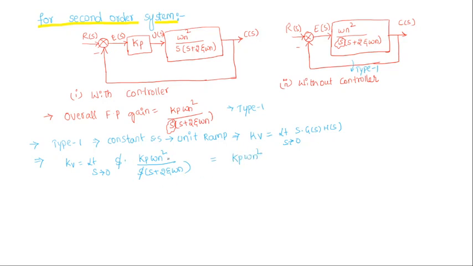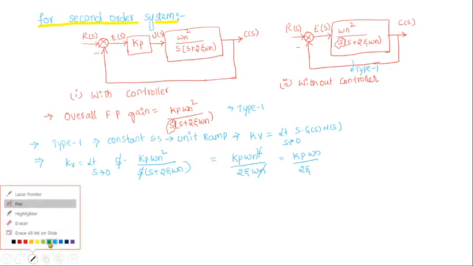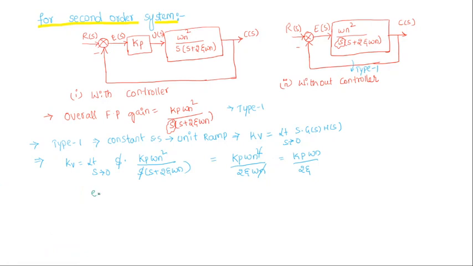Substitute limit s tends to 0 in this equation. Then the denominator value becomes 2 zeta omega n. The omega n square term and omega n term get cancelled out, so we are left with Kp omega n by 2 zeta. What is the steady state error equation? The steady state error ESS equal to 1 by Kv when the input is unit ramp.